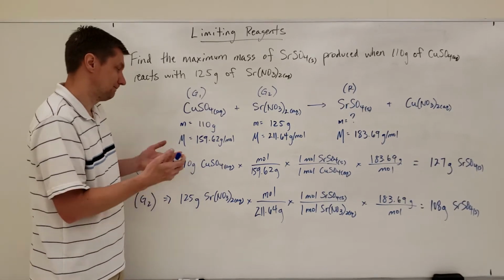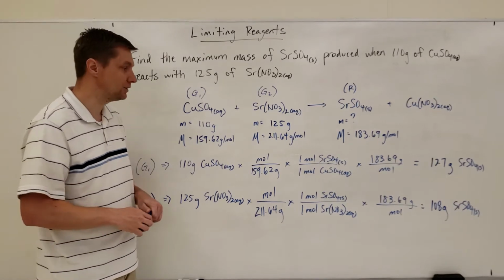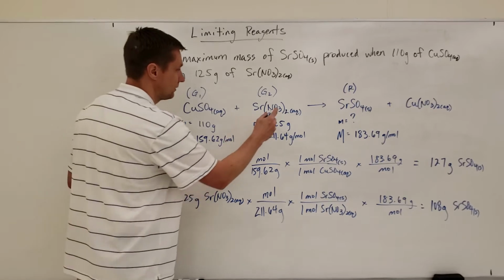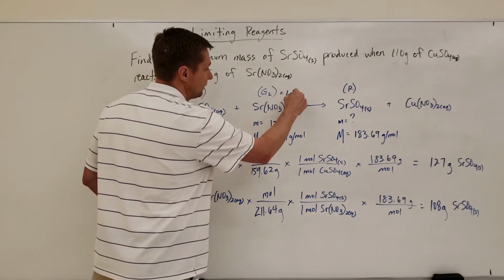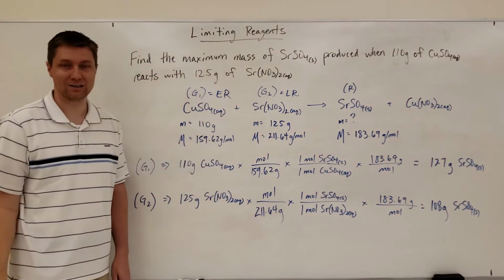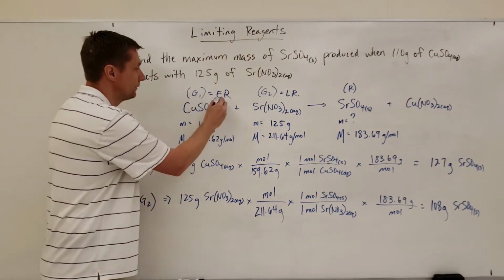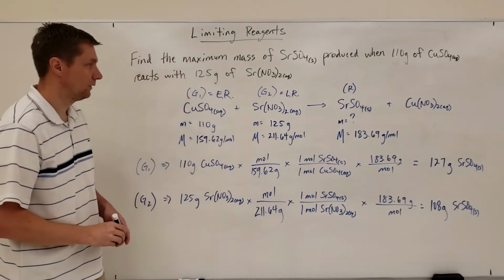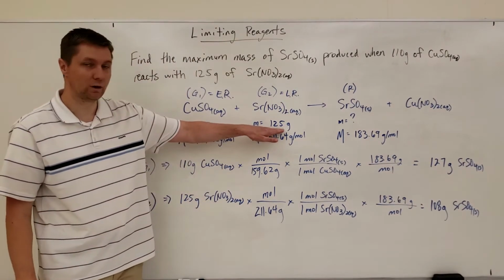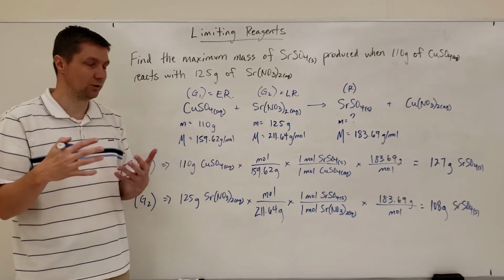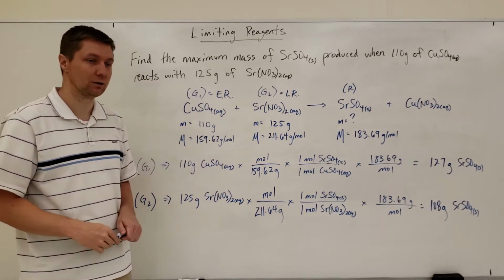And so my limiting reagent for this reaction is going to be, in fact, the strontium nitrate. This is my limiting reagent, and this is my excess reagent, copper sulfate. And you can see here for this one that my limiting reagent is the one that, even though it has a higher or larger mass, is still the one that is going to limit this reaction.